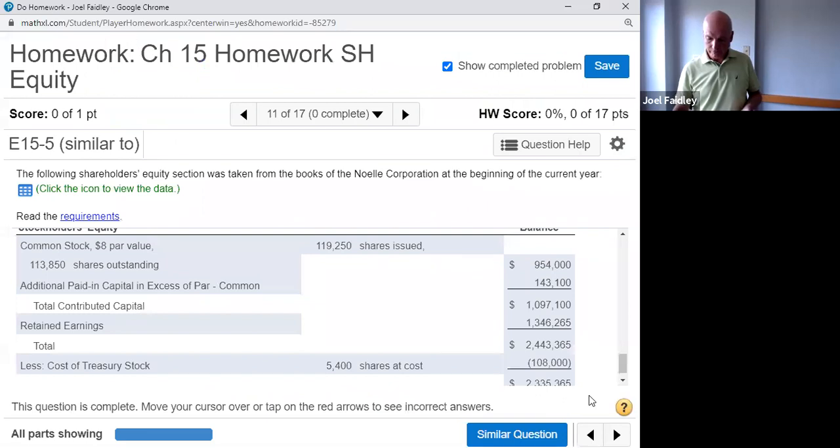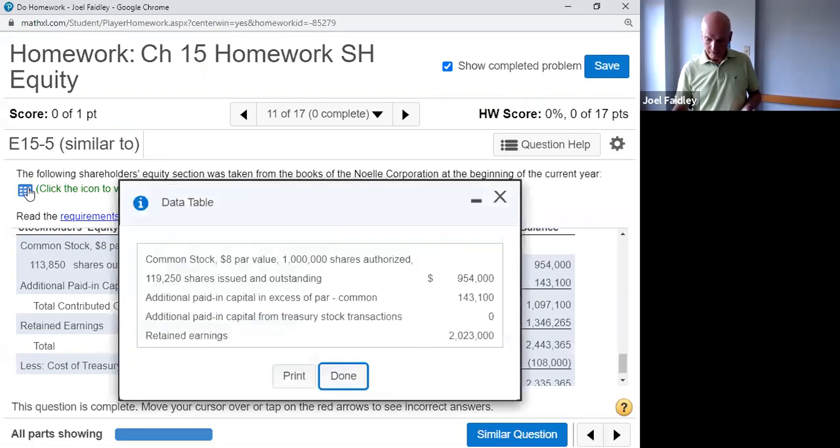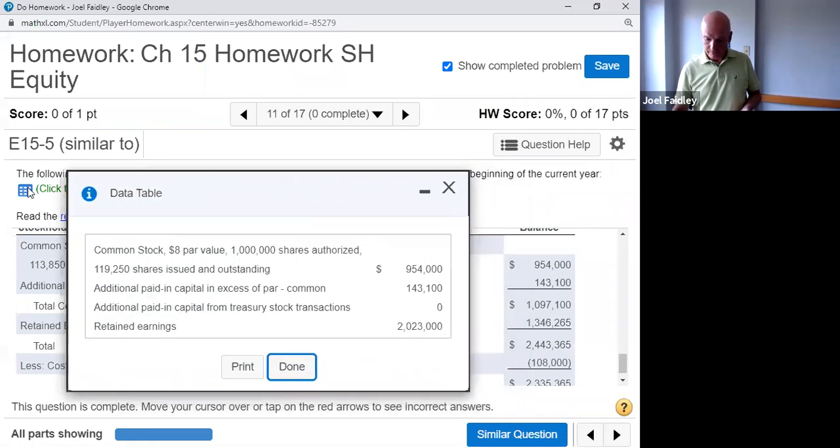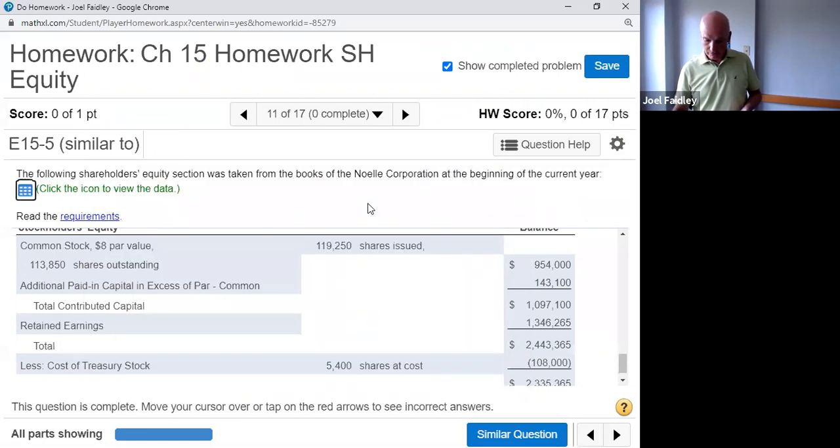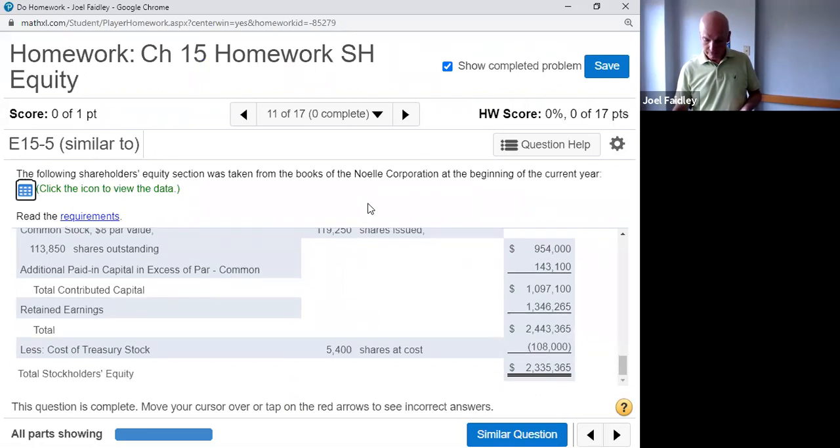There it is, 1,346,265. Common stock, I don't think it changed. You can see 954 and 143.1, those didn't change. We're done with that. There's my new balance of retained earnings. My treasury stock at cost, 108,000. Is that right? I thought that was a different number.